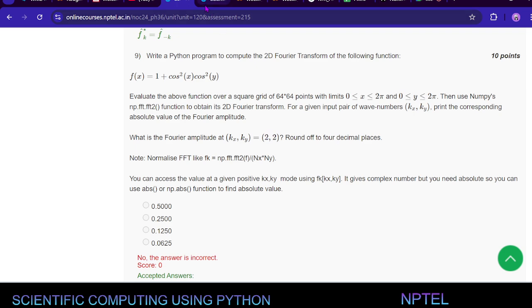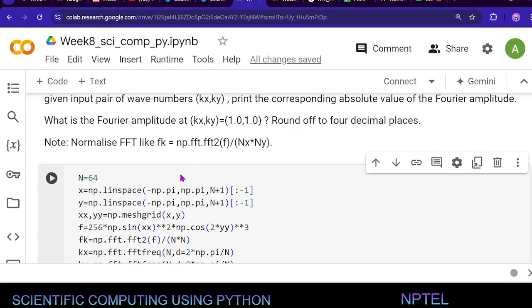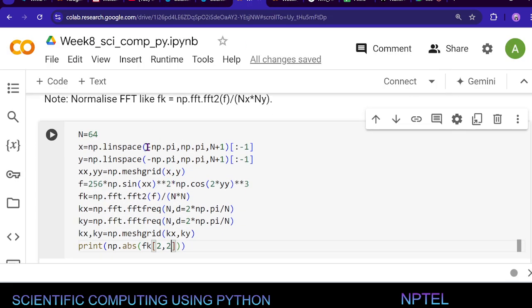64 points. This will be 0 to 2 pi. N is 64, xy is meshgrid.